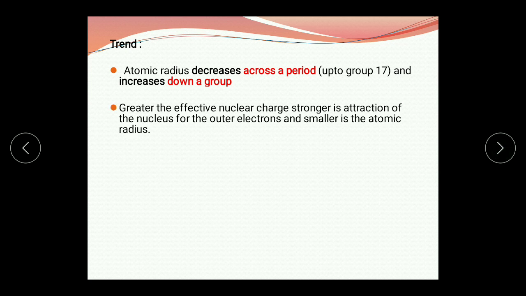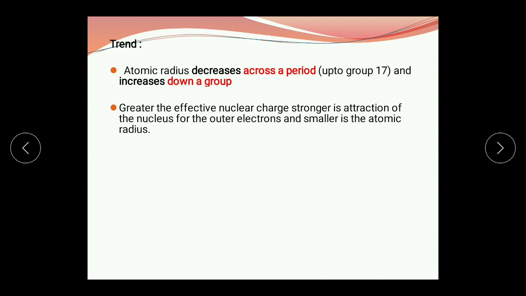Why? What is the reason? As we move across a period, there are two factors responsible for showing this periodicity. The greater the effective nuclear charge, the stronger is the force of attraction between the nucleus and the outer electron, and hence the smaller is the atomic radius.